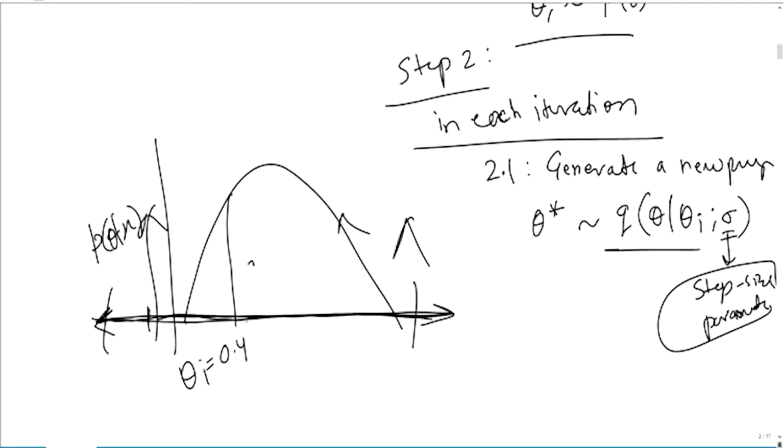So when you generate from this density, you will take a step either in this direction or this direction. You will take a step in either direction from your current position. How big a step you can take from your current position is determined by this parameter sigma. So if sigma is too large, you can take a huge step in either direction. If sigma is small, you will take a very small step from your current position. That's why it's called a step size parameter.